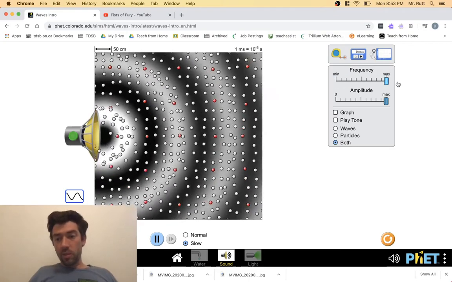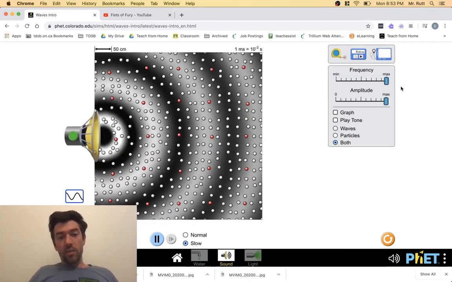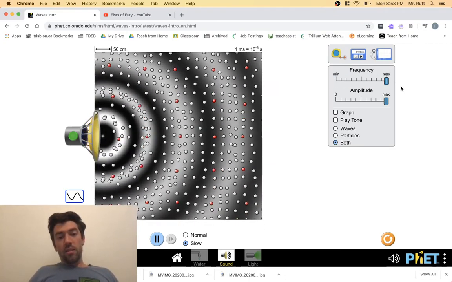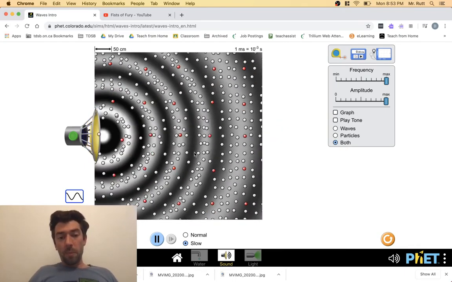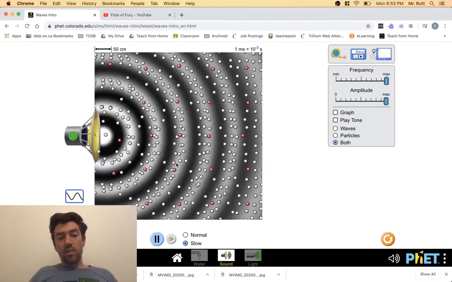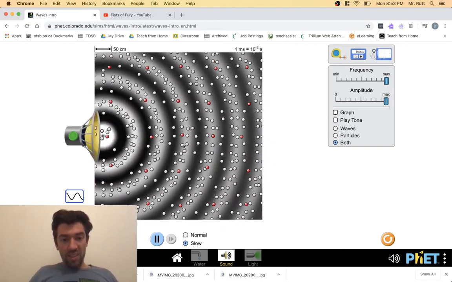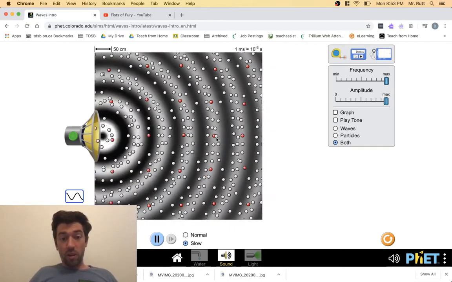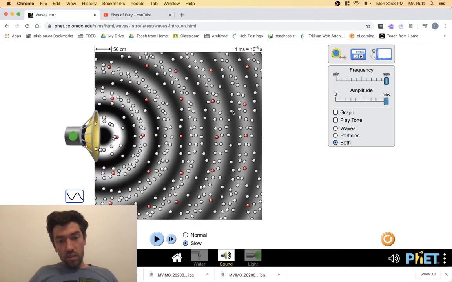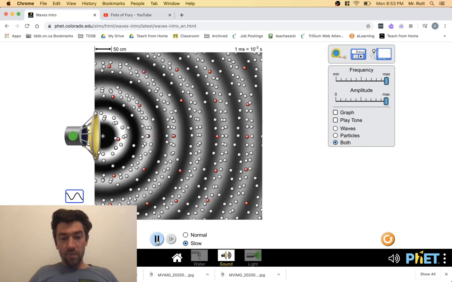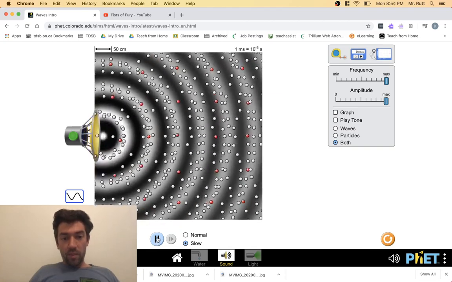If I turn up the frequency, up to max, okay, so these bands are much smaller, much thinner. You can see several, probably 6 or 7 crests and troughs, and you can see the bands of particles. And you can kind of see how some of the particles are like jumping from one crest to the next.